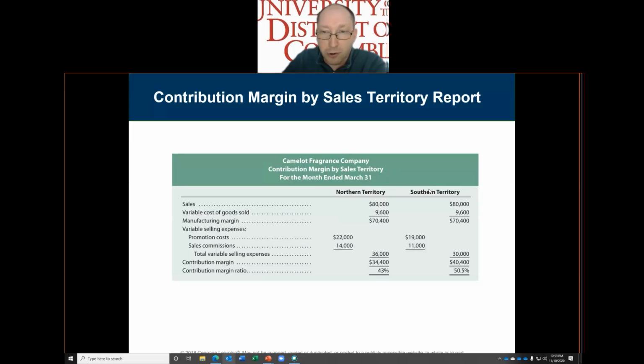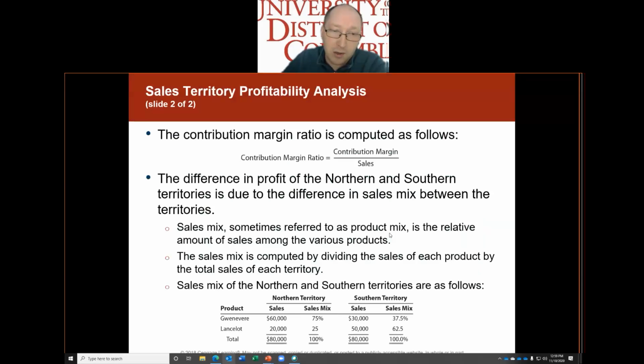So the Northern Territory, Southern Territory, looking at our sales, the more that we can control our variable costs and increase our overall sales price, the better those products will do in those markets. Again, looking at the contribution margin ratio, you take your contribution margin divided by sales to get your contribution margin ratio, and you can do that for each product within each territory.